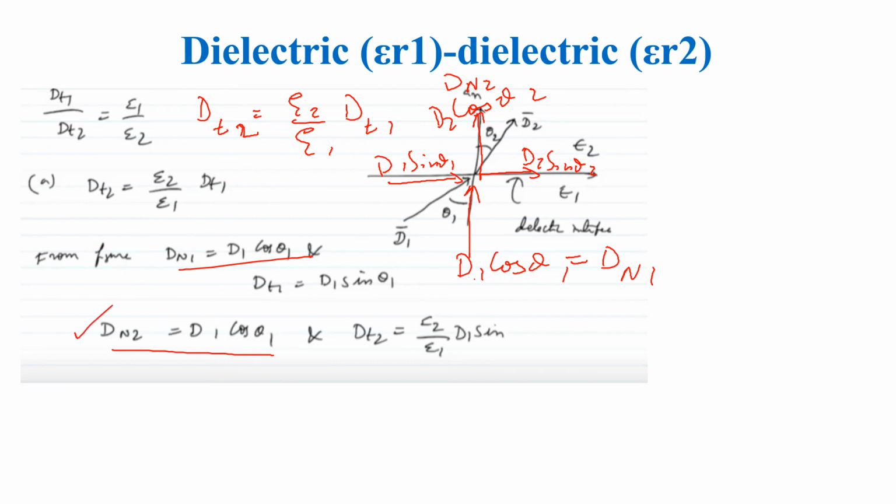So we can find that value. Similarly, Dt2 is equal to epsilon 2 by epsilon 1 times Dt1. But what is Dt1? That is D1 sin theta 1. So by knowing the angle and the incident parameters, we can calculate the values in the second medium.